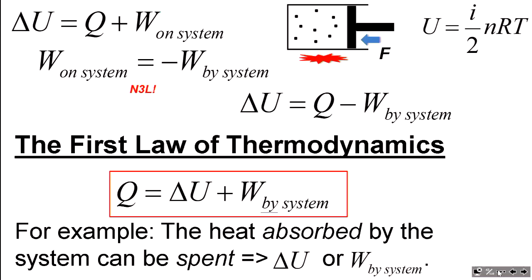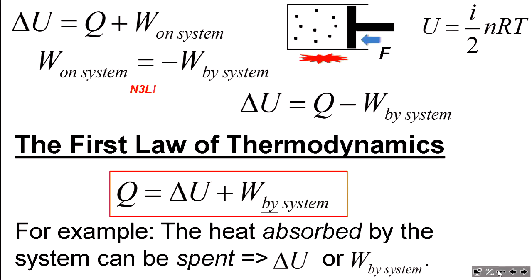So what do we do? We use Newton's third law. The work done on the system has the same magnitude but opposite sign if we relate it to the work done by the system. So we rewrite the law differently. Here in this equation, all three variables are related to the system. This is the amount of heat the system absorbs or releases.